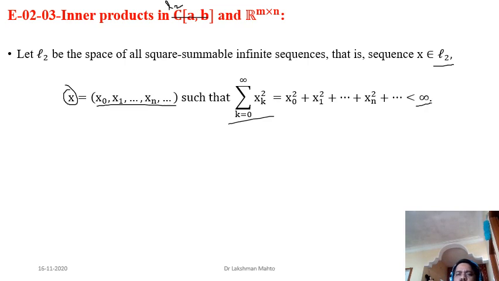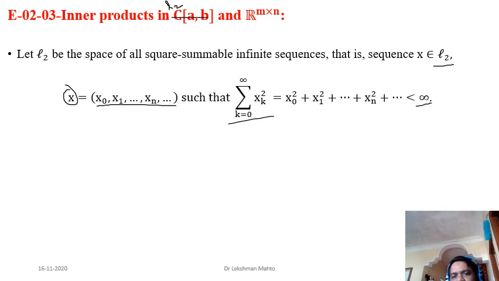So L2 is a collection of all square summable infinite sequences. If that series of squares of terms happens to be convergent, then that sequence will come in L2.